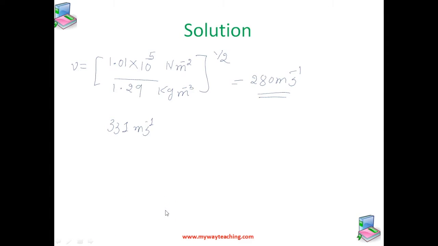So, for adiabatic processes, the ideal gas satisfies the relation PV raised to gamma is equal to constant, and delta of PV gamma is equal to 0.